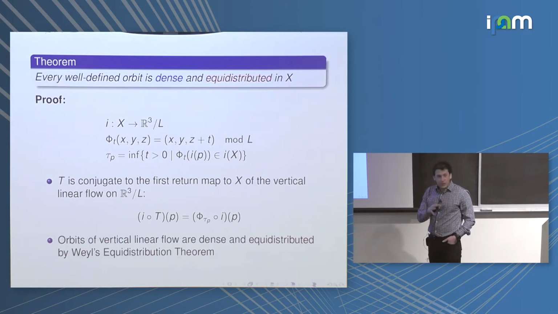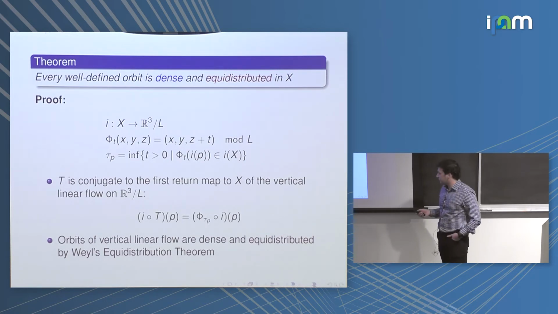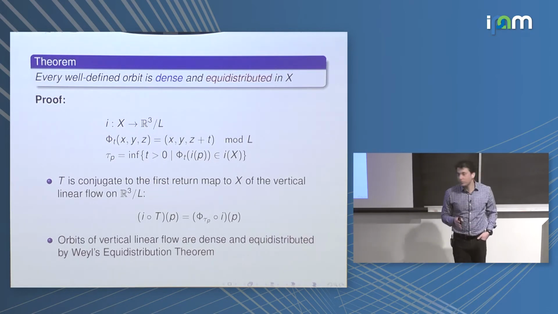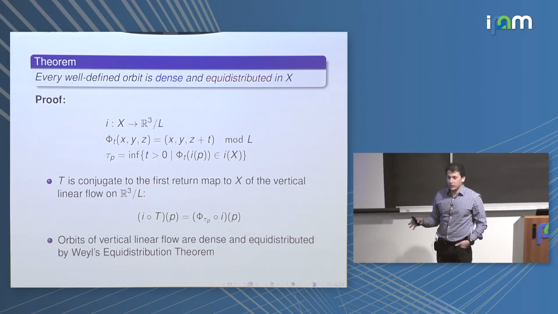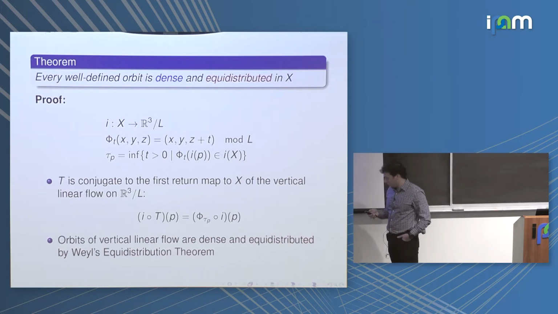If you think about the construction of our domain exchange map, you can see that T is just conjugate to the first return map of the vertical linear flow on the torus. And we know by Weyl's equidistribution theorem that orbits of the vertical linear flow are dense and equidistributed. Therefore the orbits of our dynamical system will also be dense and equidistributed on X.